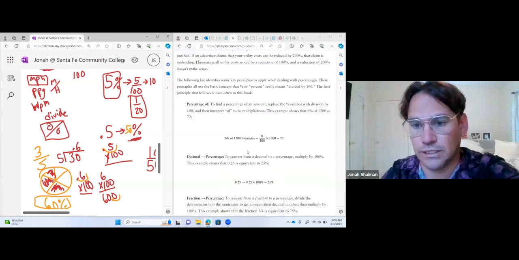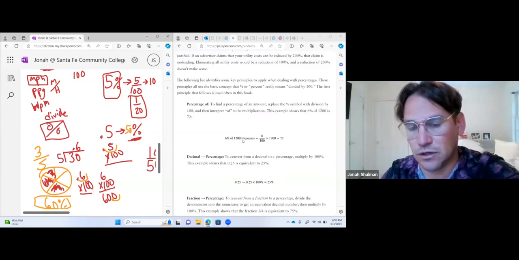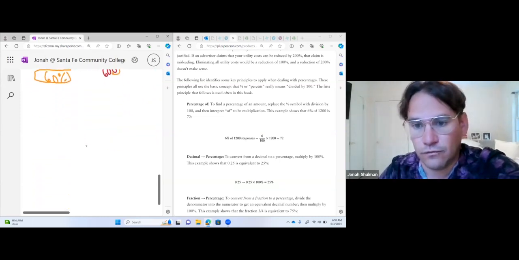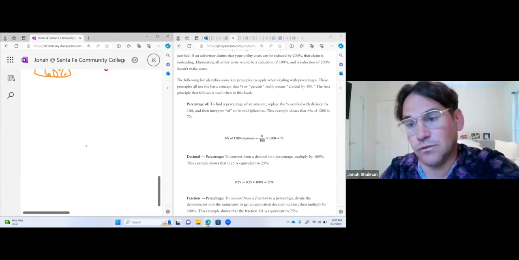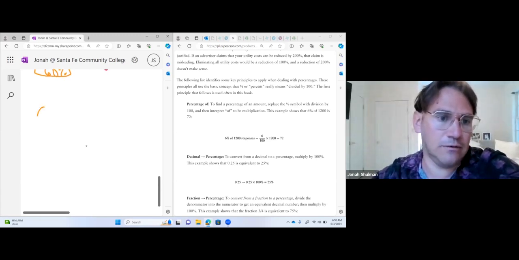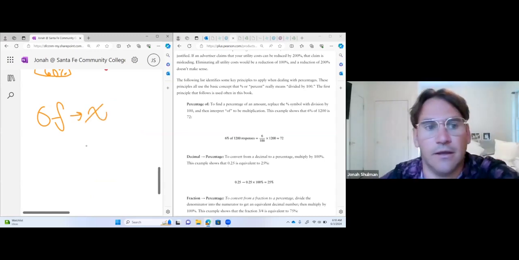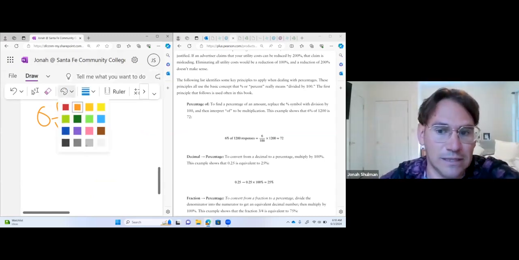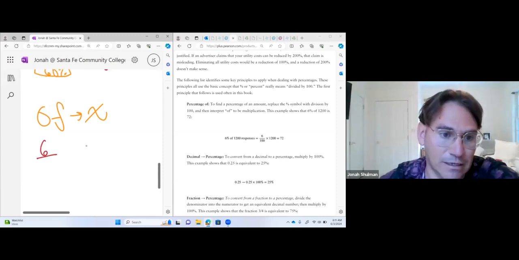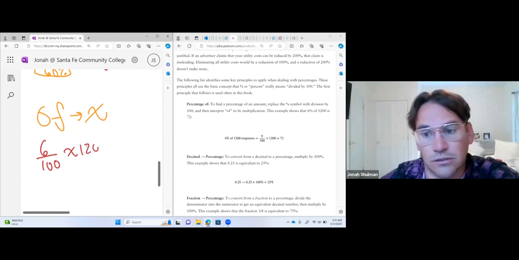All right. I like that. 6% of. Okay. This crazy word, of, always means multiply. In math, the word of, no matter how many times I tell you, means multiply. So when they say 6% of 1200, this means 6 divided by 100 times 1200.